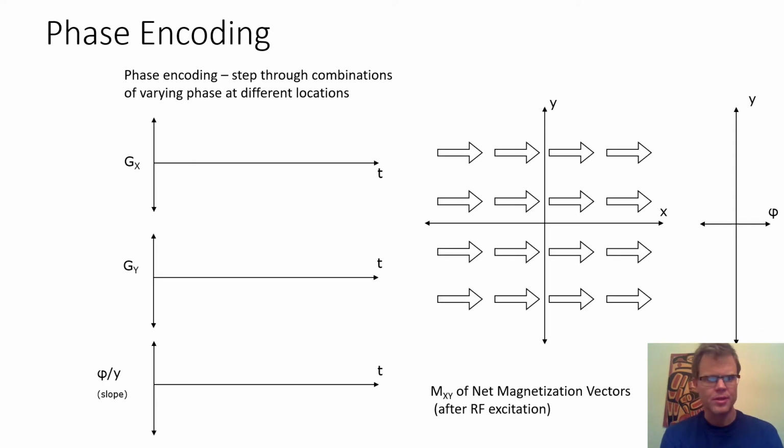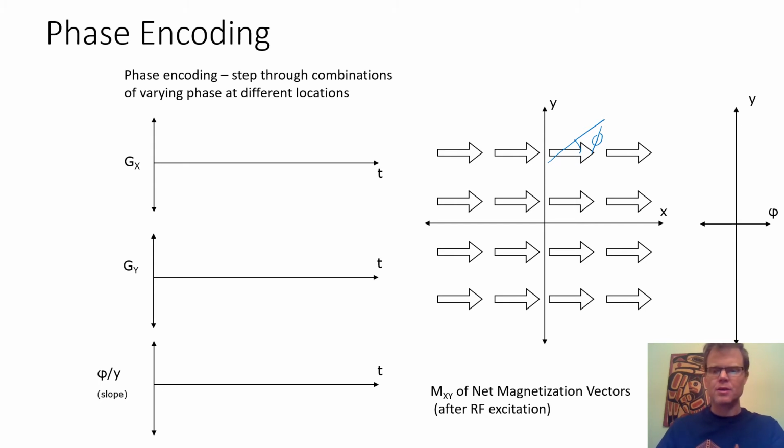Let's start by examining the concept of phase encoding by looking at the transverse magnetization. And this is where the term phase encoding comes from. If you recall, the phase is going to be defined as an angle of rotation of our transverse magnetization.